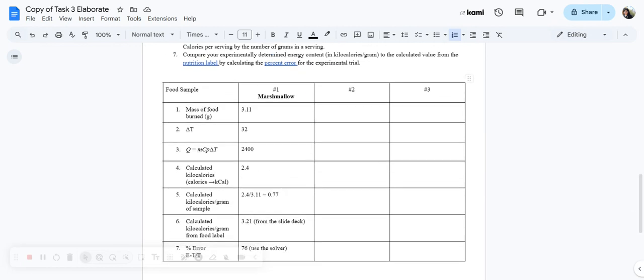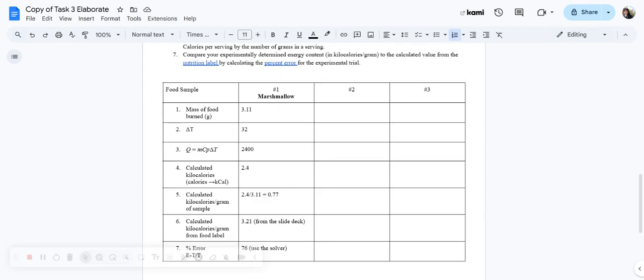So for your marshmallow, again, your mass was 3.11 grams. The temperature difference was 32 degrees Celsius. The Q equals MC delta T was 2,400 calories. And when I convert that number of calories to kilocalories, remember I'm going to divide by 1,000 because there's 1,000 calories in 1 kilocalorie. So I'm going to get 2.4.